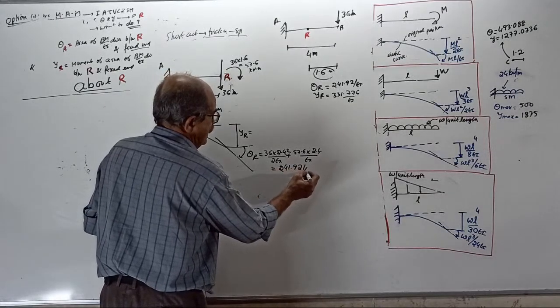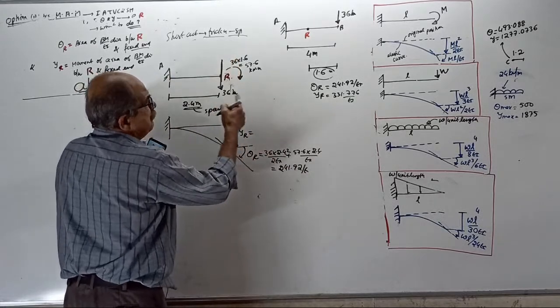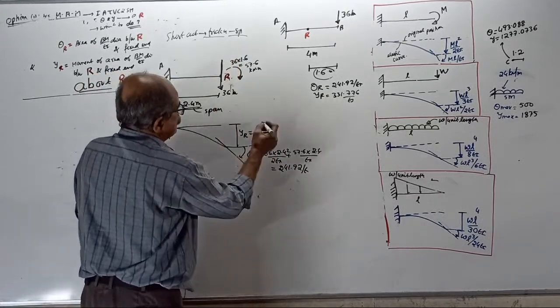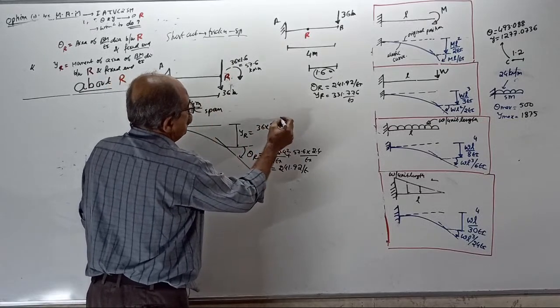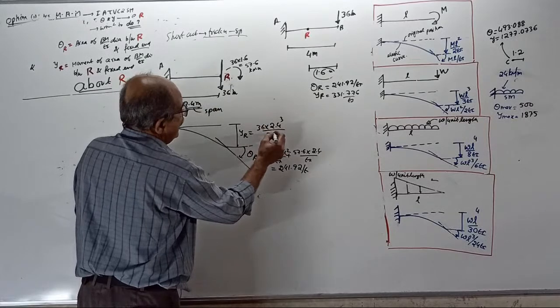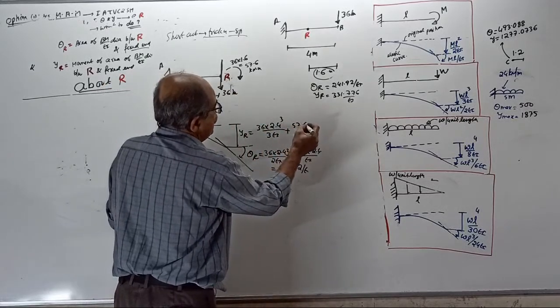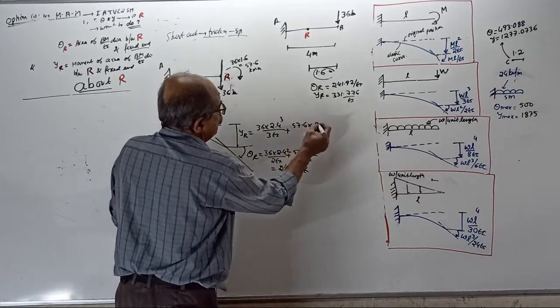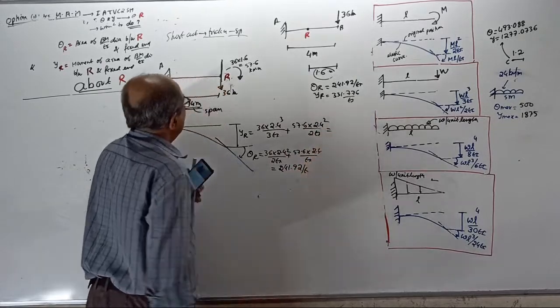241.92 by EI. Deflection at R: for a point load, WL cube by 3EI. So 36 into 2.4 cube divided by 3EI, plus 57.6 into 2.4 square by 2EI. Calculate this answer.